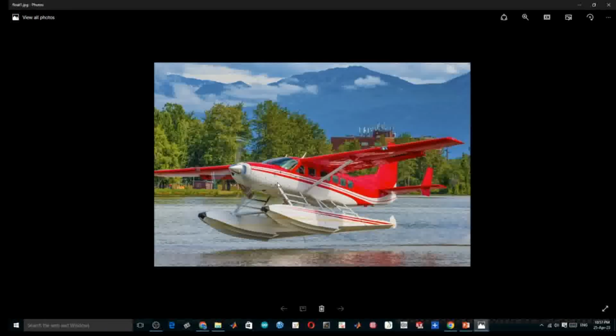Floating kind of. I think all of you might have seen this kind of aircraft, which lands in the sea or in the water, and from the water it takes off. So this kind of aircraft is called a floating kind of aircraft.